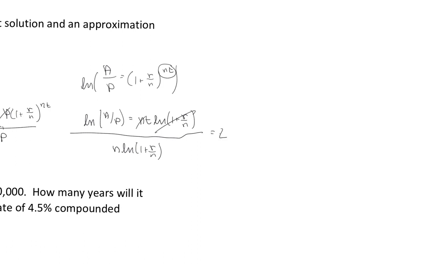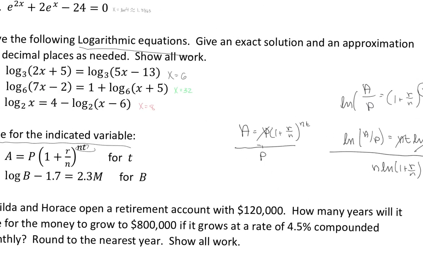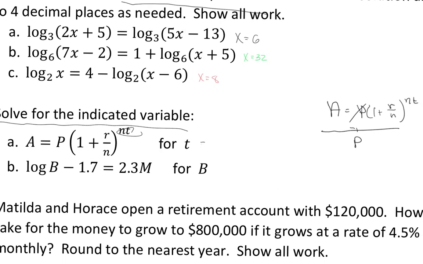It leaves us with t equal to natural log of A divided by P, over n natural log of 1 plus r over n. That will be our solution. I'll write that over here: t equals natural log of A divided by P over n natural log 1 plus r over n.